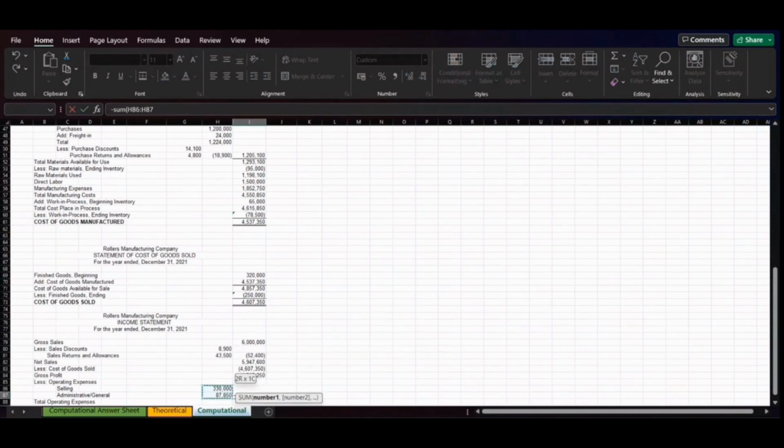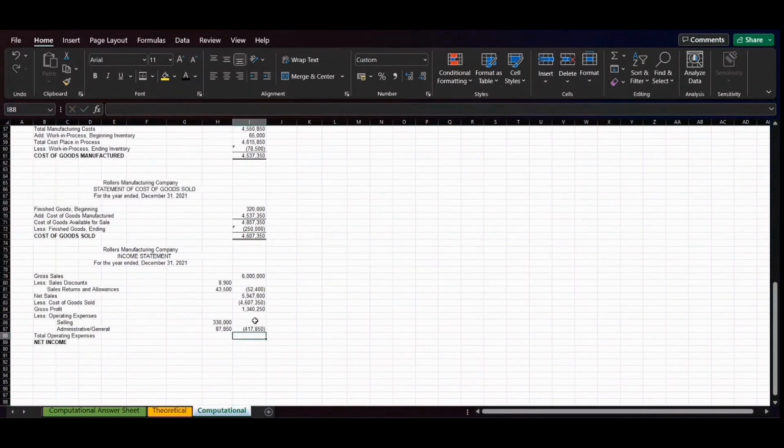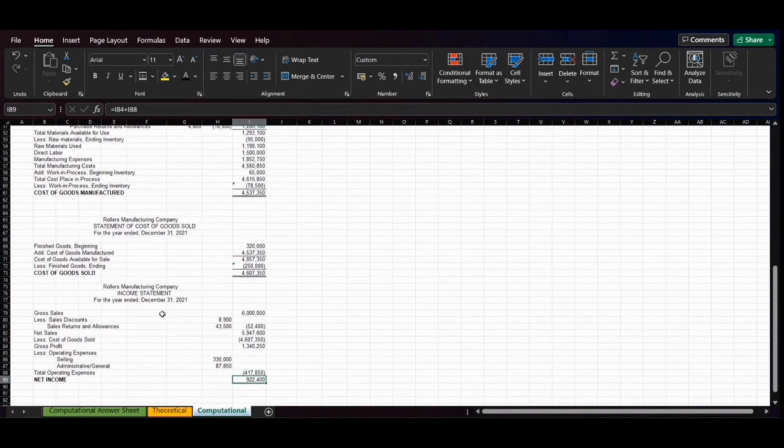So, totally meron silang 417,850. So, ayan. Ito yung tunay nating operating expenses. So, para makuha ang ating net income, i-minus natin yung gross profit sa total operating expenses. So, overall, meron silang 922,400. So, ayan.